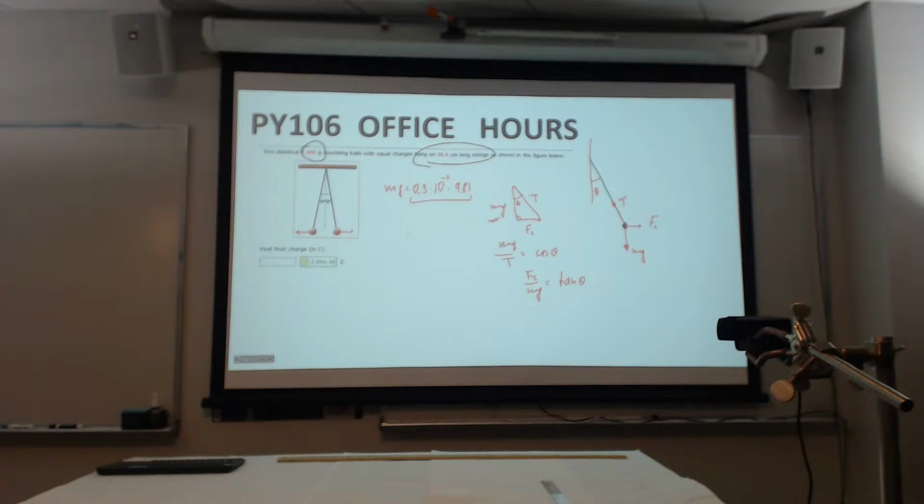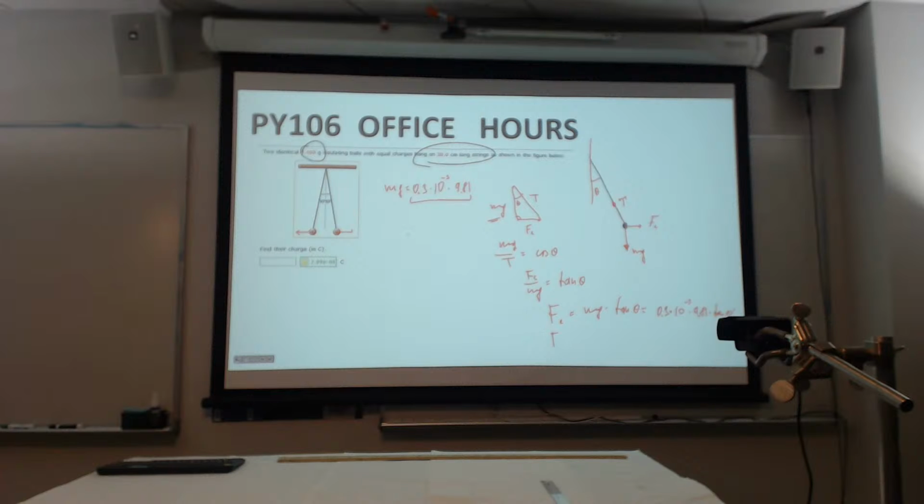But clearly, you need to calculate the Coulomb's force, right? Mm-hmm. mg tangent. And everybody has the same angle, so 0.3 times 10 to the minus 3rd, 9.81, tangent of 10.